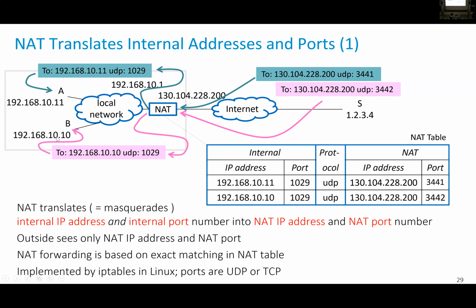For S, for the rest of the world, everything is happening as if everything was in the NAT. You have, in fact, a computer here with two processes that are speaking to the same server. If we had a computer that's natively connected to the internet with two processes, one that uses this port number and one that uses that port number, then that would be exactly the same seen from the outside.